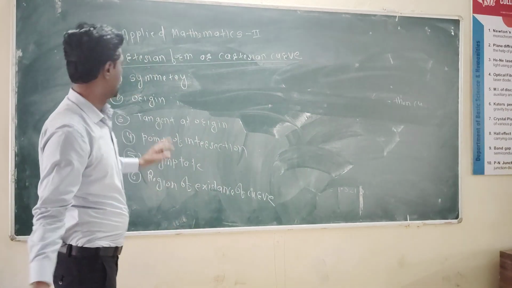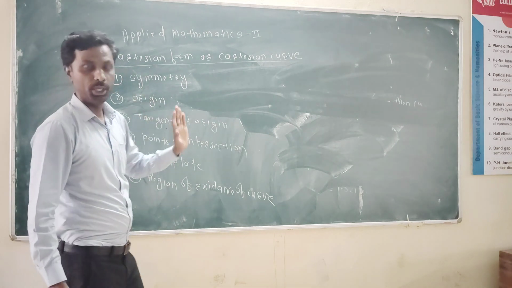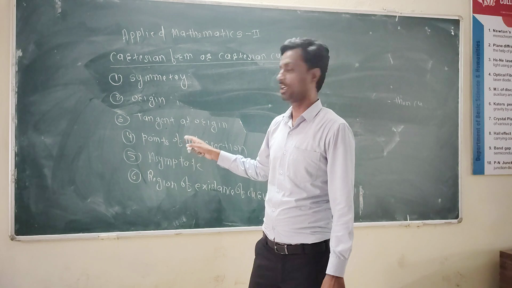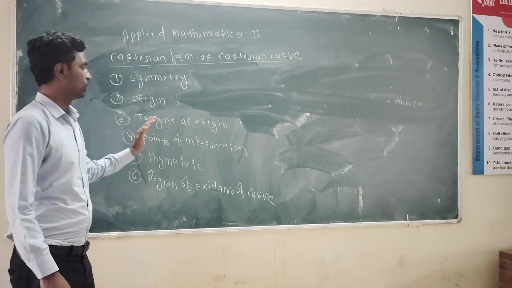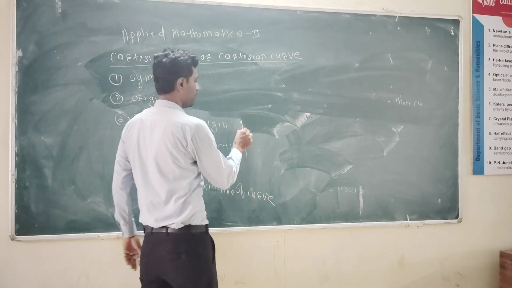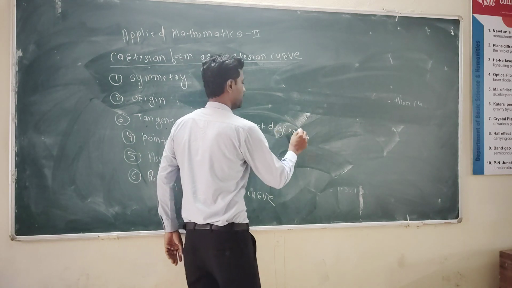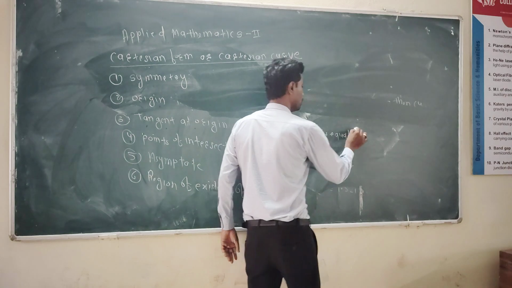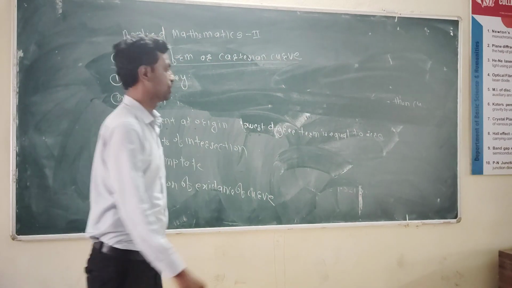So next point is the tangent at origin. Just take the third point whenever the curve passes through origin. If the curve does not pass through origin, then there is no need to think about this third point. How? If the curve passes through origin, then how can you take the tangent at origin? Just take the lowest degree term, lowest degree term is equal to 0.